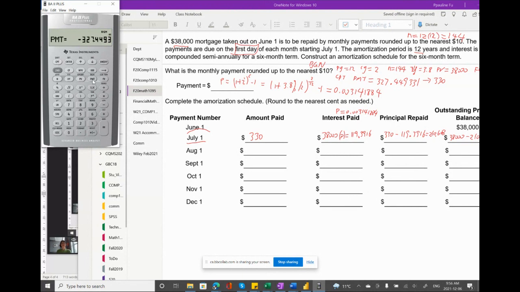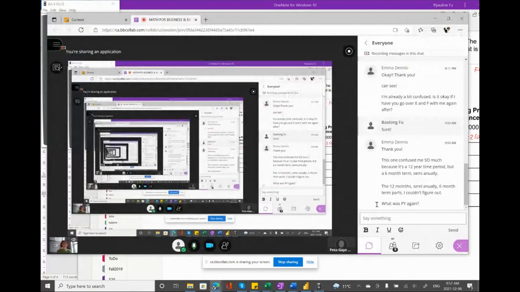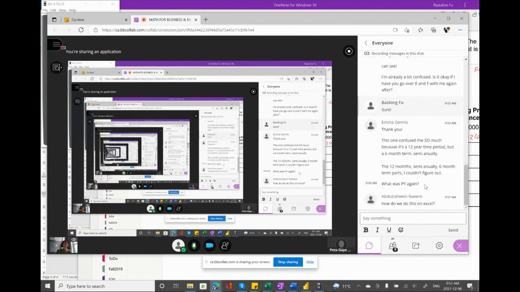Compute PMT. So you got PMT $327.45. Okay, that is PMT. I heard questions. This is confusing because it is a 12-year time period, but a 6 month term, semi-annually.